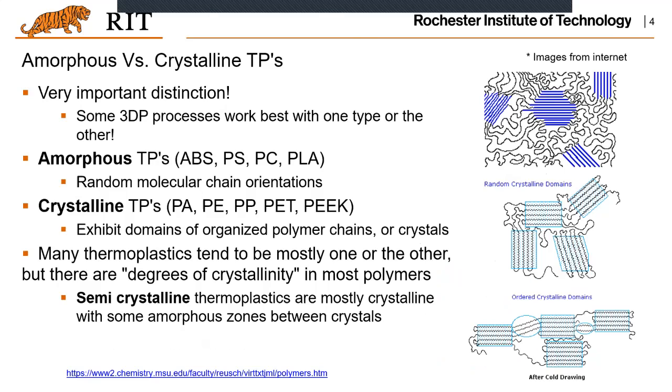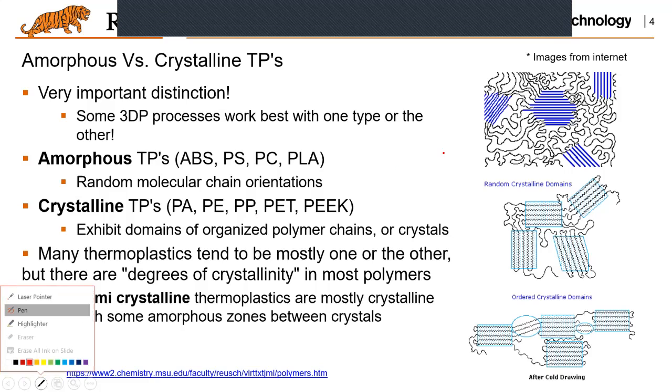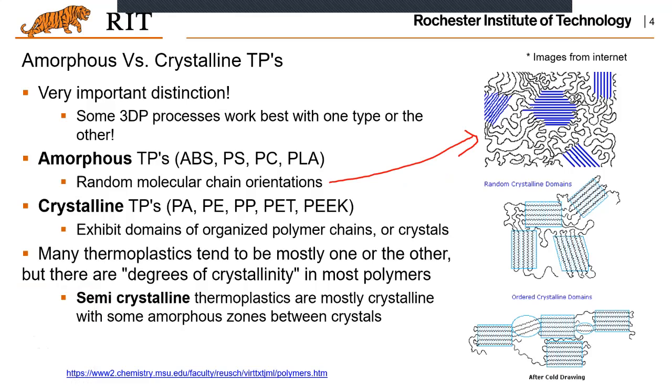And so what is the difference between the amorphous and the crystalline thermoplastic? If you look at this illustration here, for the amorphous, basically its molecule chain is something like this. It's like spaghetti, right?